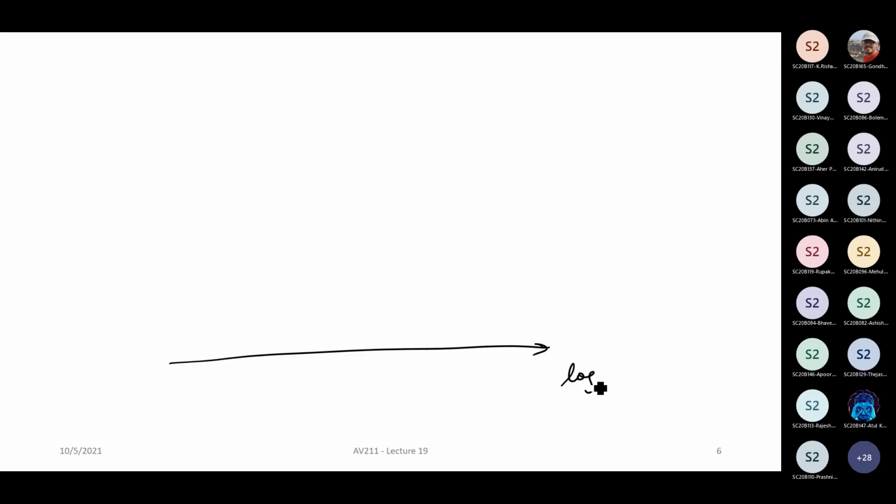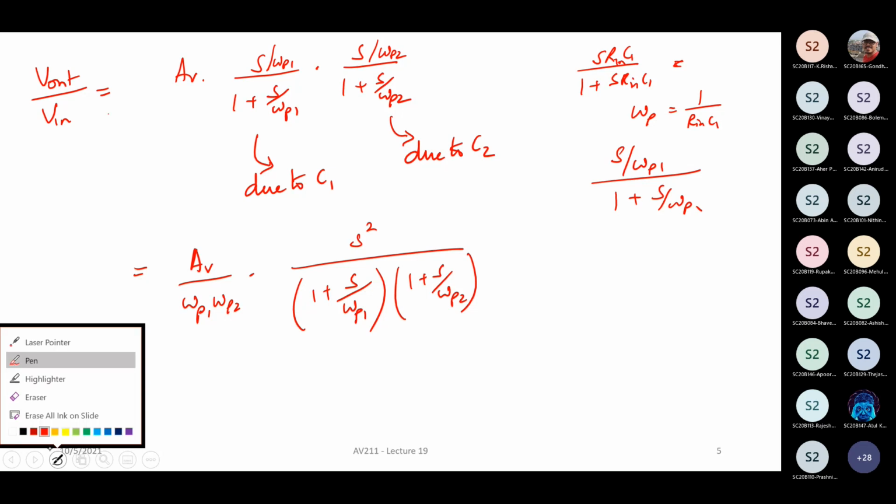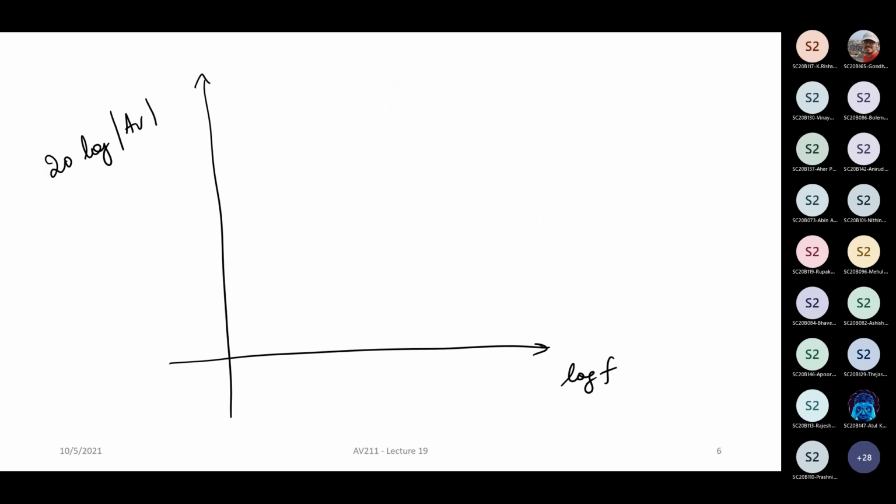Let's say this is log of F. This is 20 log of mod of AV. Because there is a double zero, two zeros at DC, basically the slope will be minus 40, or sorry, plus 40 dB per decade. So this curve will be steep. Okay.